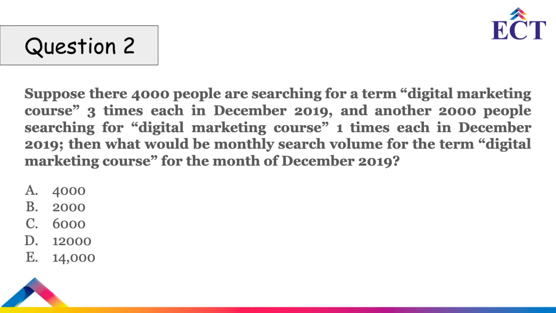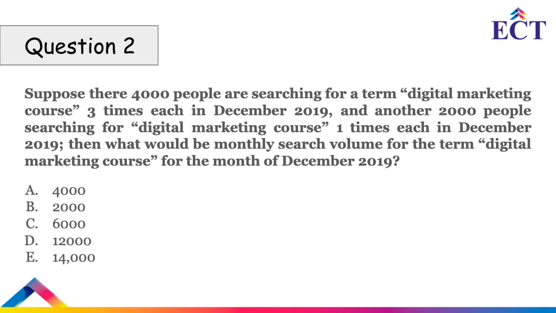I think this has been made by the writer. So just try to answer which one is the correct monthly search volume for the search term digital marketing course. Akula is saying 14,000. Oh, yes, you are right. The answer is E. Correct.